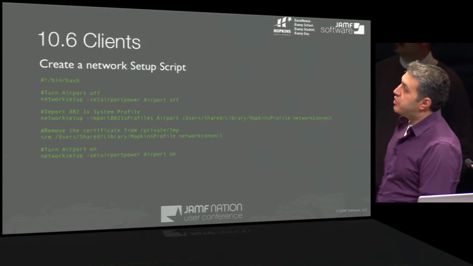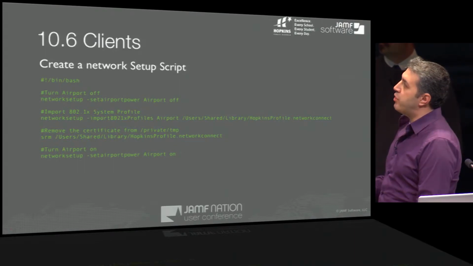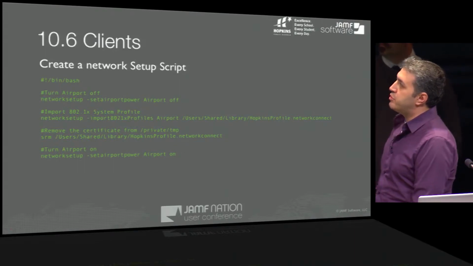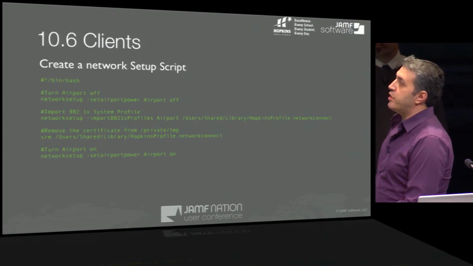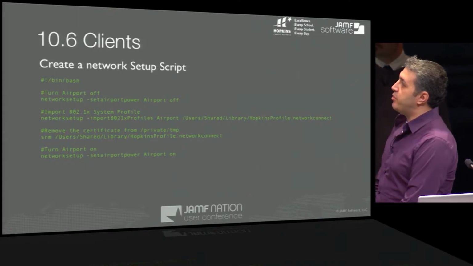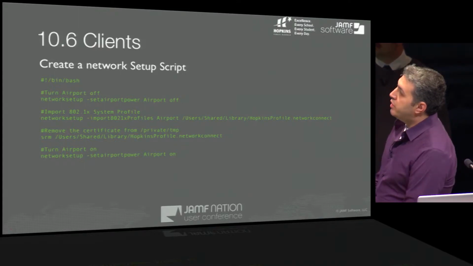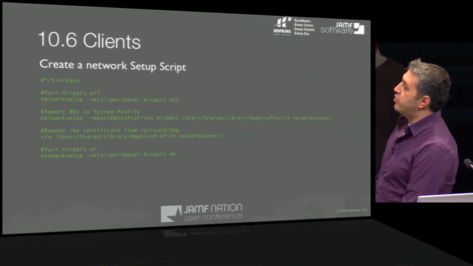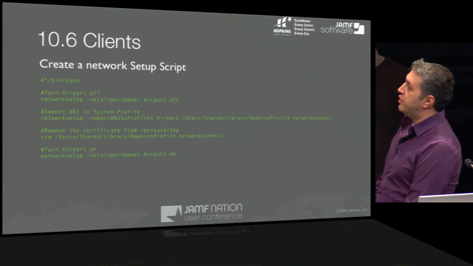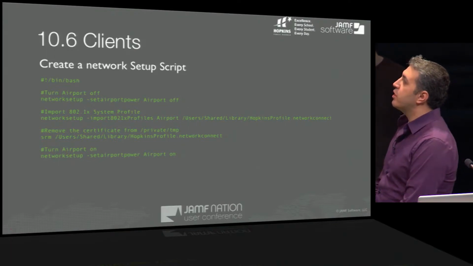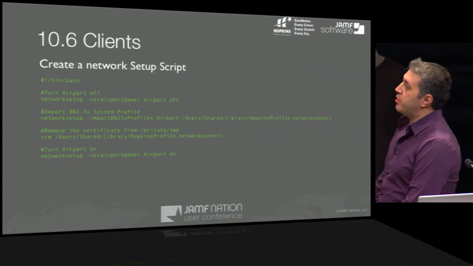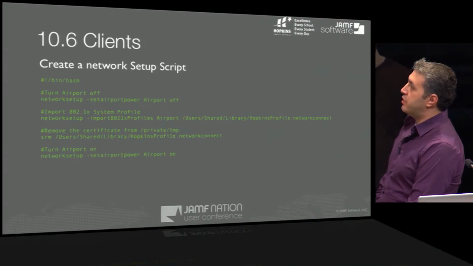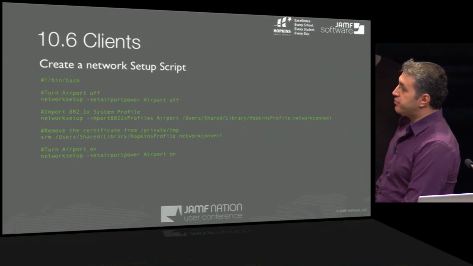So in this script, the best way that we found to apply the profile is to turn off the AirPort, and that's the network setup command, the first one. Then in the DMG, we put our network connect profile into a hidden folder, and the second network setup command basically imports that profile.